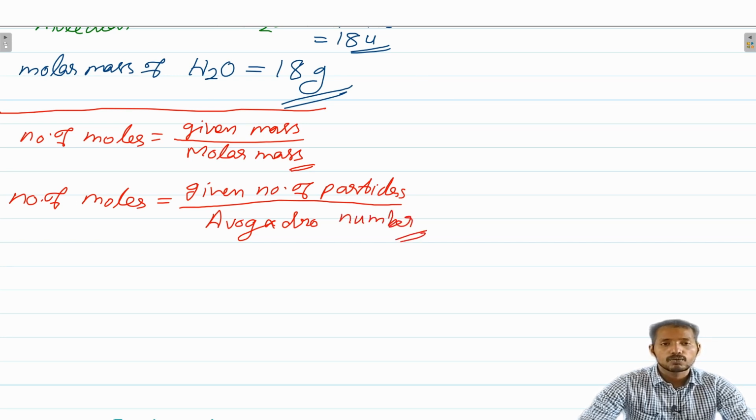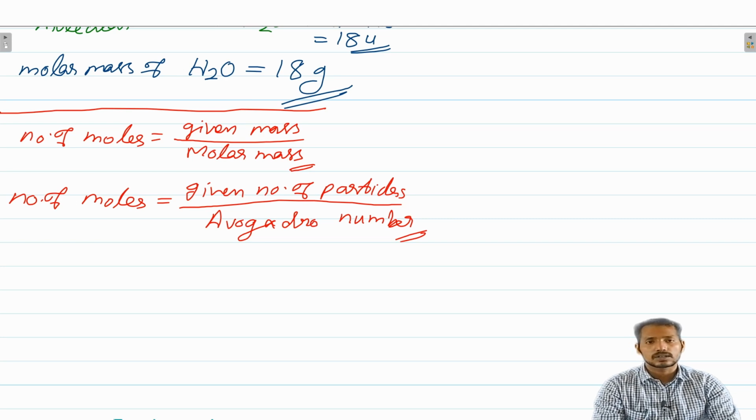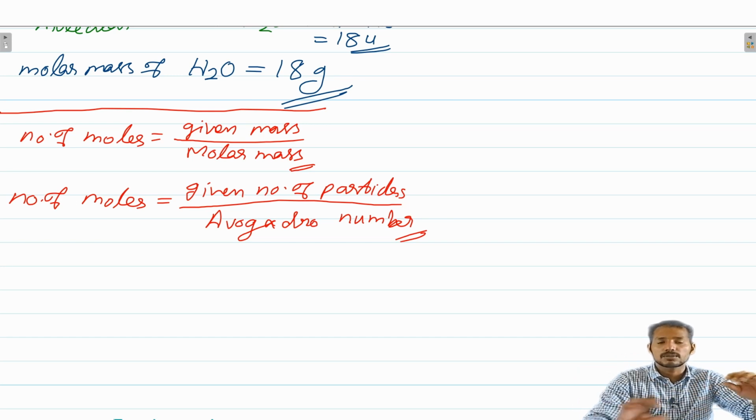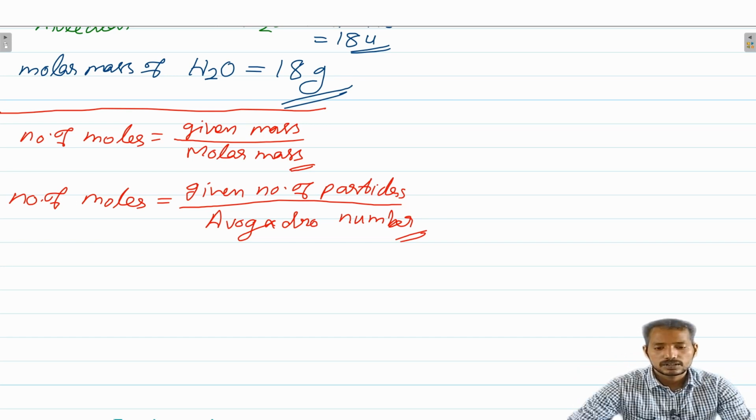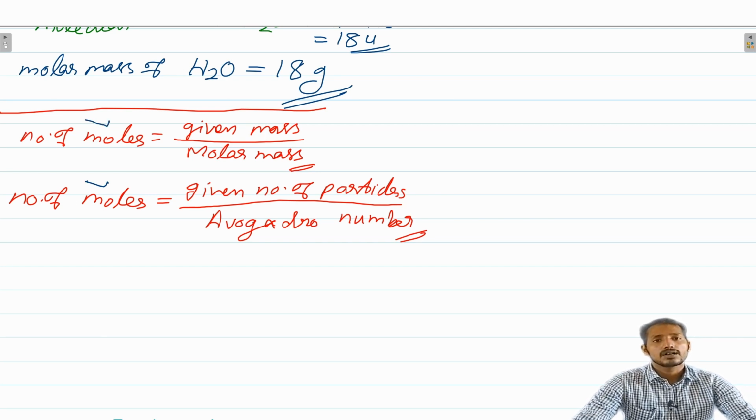Because in 1 mole there are 6.022 into 10 raised to 23 particles. Then in 2 moles, 2 into 6.022 into 10 raised to 23 will be the given number of particles. So to get the number of moles, we divide the given number of particles by Avogadro number. This formula we will use if the question involves number of particles. The earlier formula we will use if the question involves mass of the substance.